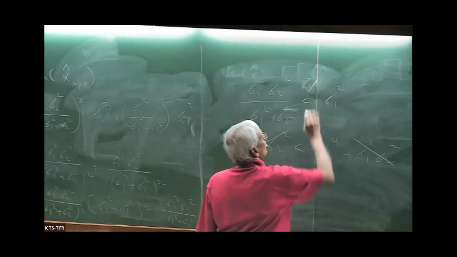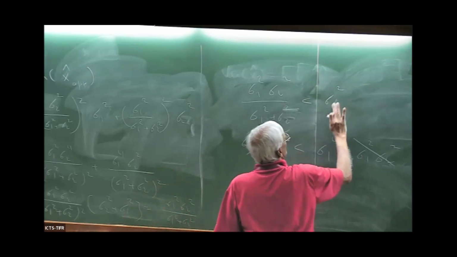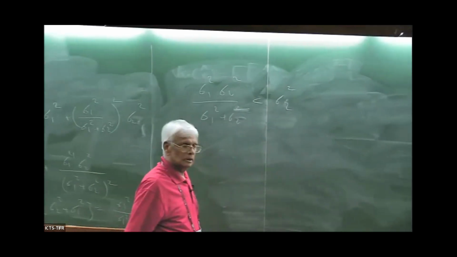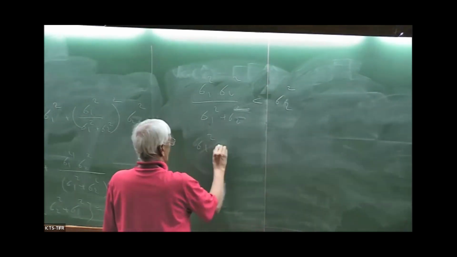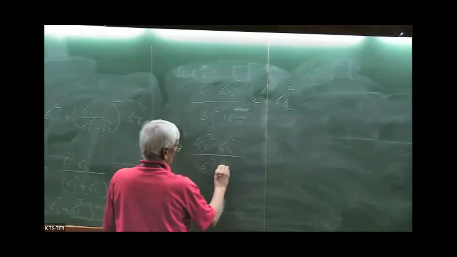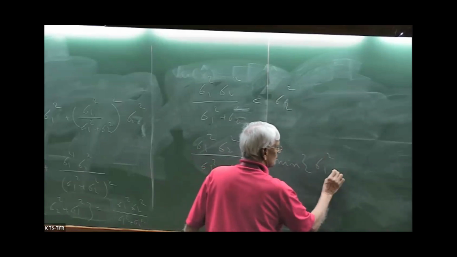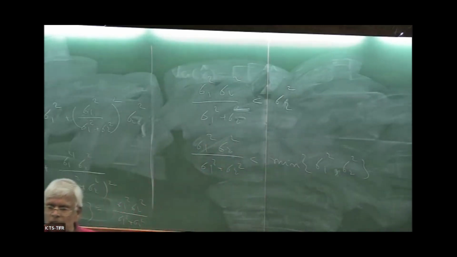Therefore, this is true. Likewise, you can verify this is also true. Therefore, you can say this is less than the minimum of sigma 1 square and sigma 2 square.